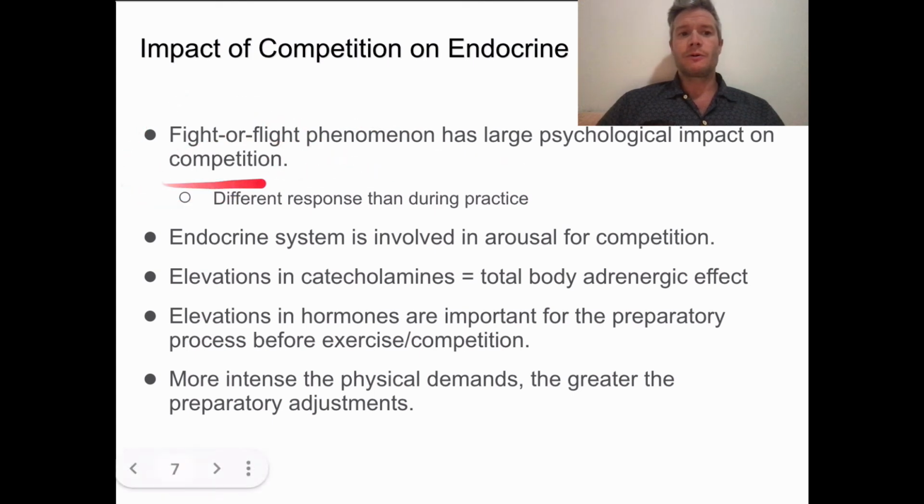And so that will be heightened and queued up through our endocrine response, in response to that, sorry. So when we're getting aroused or in a state of competition, or hyped up for sport and competing in sport, our endocrine system is a big part of that, and it's primarily through our catecholamines, which we'll chat about a bit later.